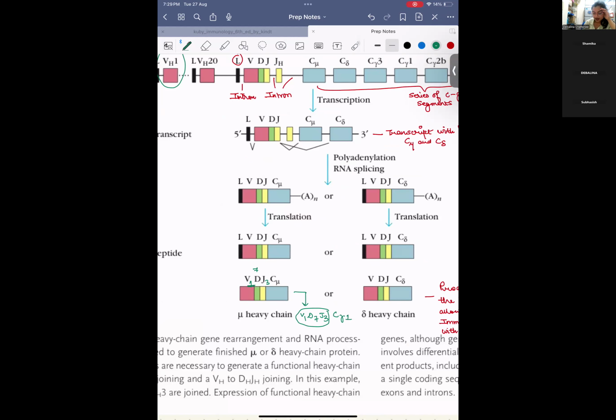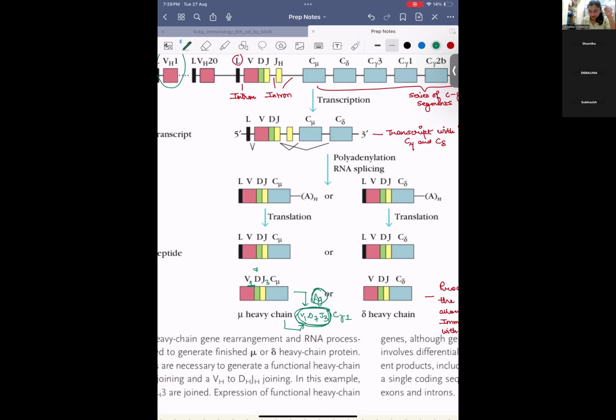So in the process of class switching, or while more and more plasma cells are differentiating, this is the part that actually determines the process of clonal selection. The cell is undergoing differentiation, but if you remember, in the antigen-dependent phase, your antigen is driving the entire process, right?